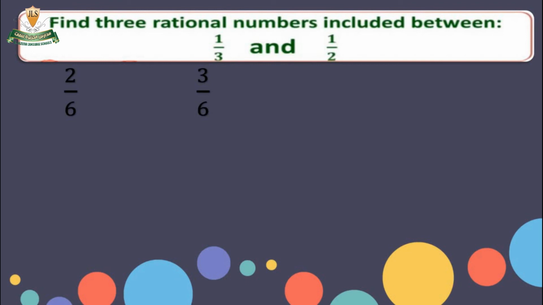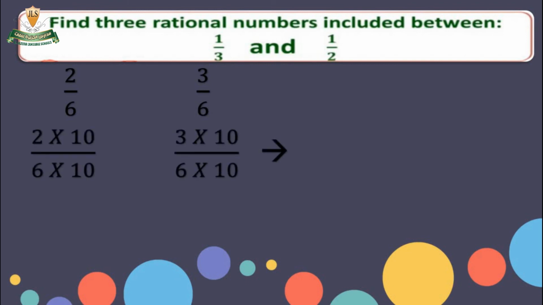So if you can't find any rational numbers between the two new numbers, multiply all the terms of the fractions by 10. So 2 by 10, 6 by 10, 3 by 10, 6 by 10.